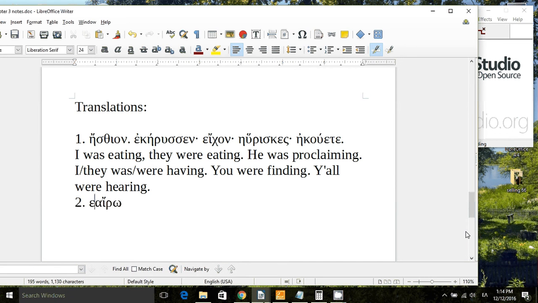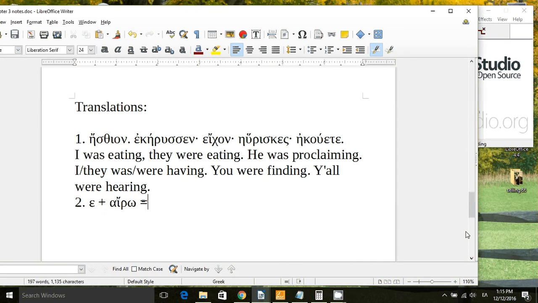So when I add an epsilon augment to a diphthong with an iota in second place, that iota is going to go subscript. All right, so now I'm going to end up with, see if I remember how to type this. I gave it the wrong accent, but you get the idea. That iota is going to go subscript.